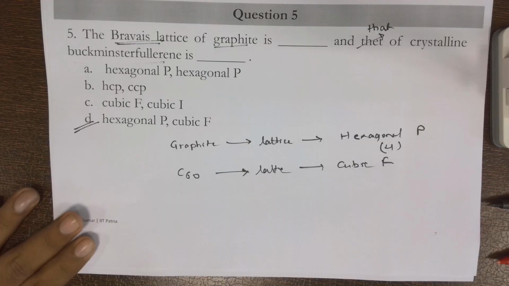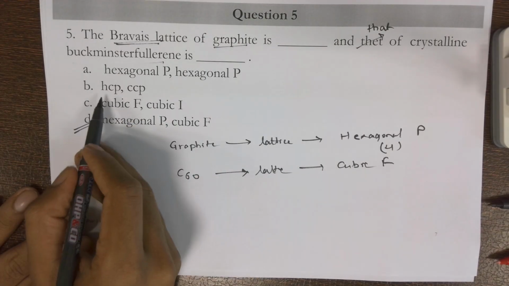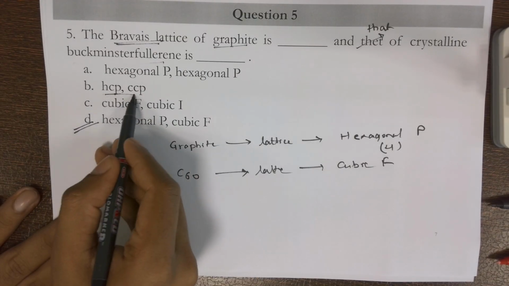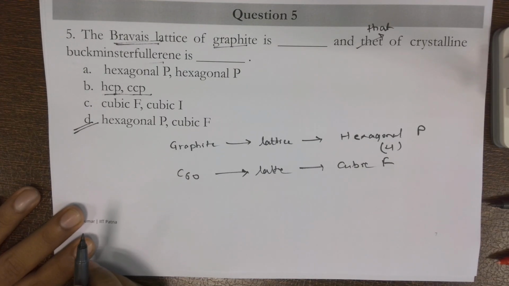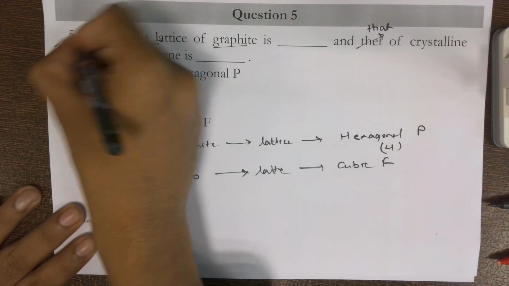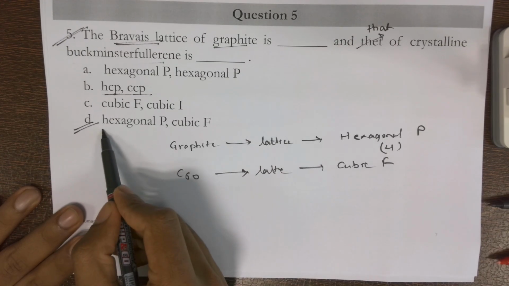They ask only about the graphite, so one may by mistake make the wrong choice, but it's not okay. And the right answer over here is option D. Let's move ahead. Let's go to the next question.